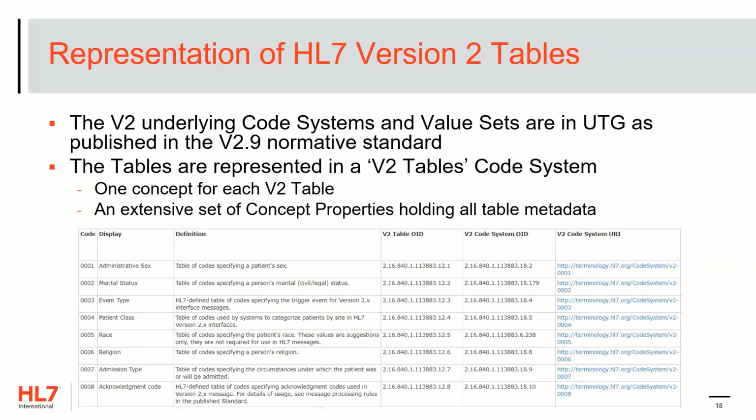Each concept in this code system has an extensive set of properties to hold all the table metadata as published in the v2.9 normative standard Chapter 2C tables, including the associated concept domain, code systems, and value sets. One benefit about this representation is that the V2 tables are no longer a special and different kind of terminology artifact. They are represented as a standard FHIR code system and fully browsable in the same way as all of the other UTG content.